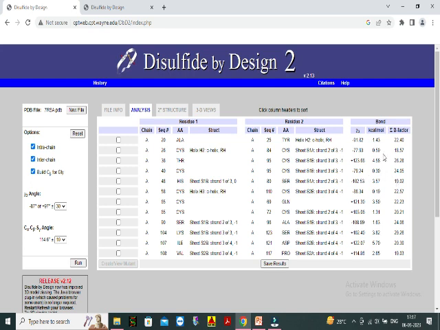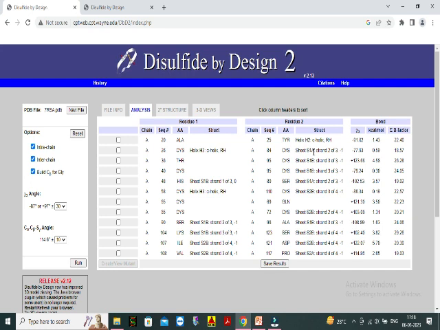In this way, the cysteine residue present in chain A at position 26, with an alpha helix structure, can make a disulfide bond with another cysteine residue present in the same chain A at position 84, which is involved in sheet formation.